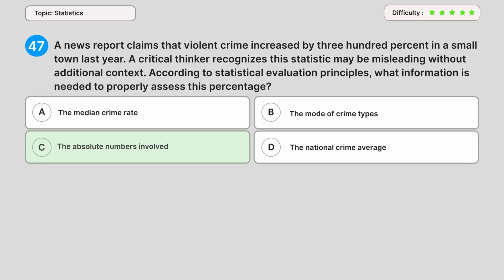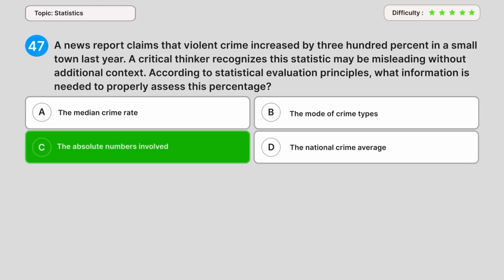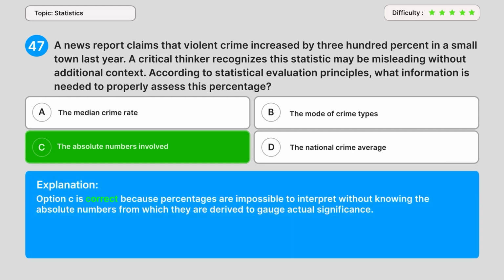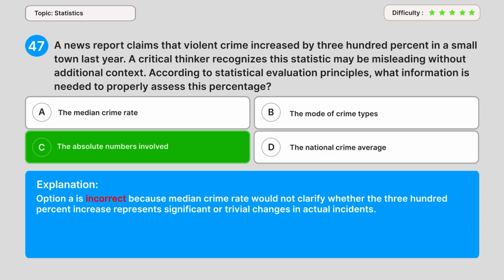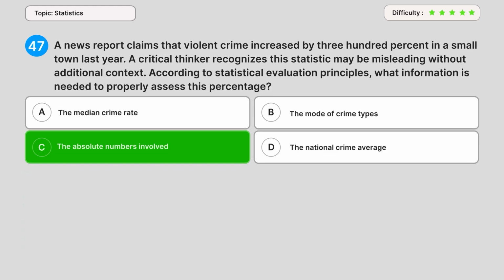Correct answer, C. The absolute numbers involved. Explanation. Option C is correct because percentages are impossible to interpret without knowing the absolute numbers from which they are derived to gauge actual significance. Option A is incorrect because median crime rate would not clarify whether the 300% increase represents significant or trivial changes in actual incidents.